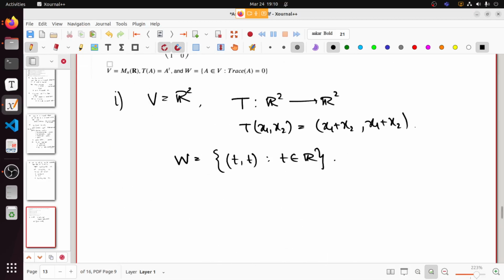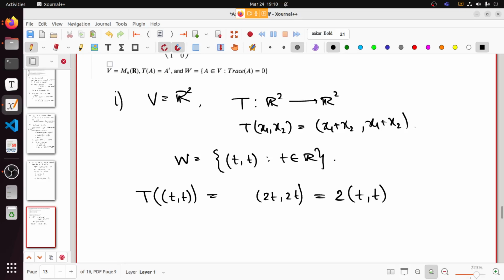So let's take an element and apply T. Then T applied to (t, t) will map to (t plus t, t plus t), it's (2t, 2t). So it will be 2 times (t, t), right?